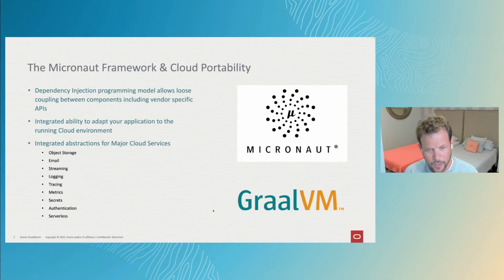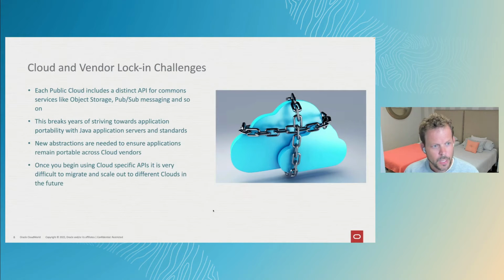For example, if you want to trace your application or provide metrics or read secrets or authenticate via OpenID Connect, all of these are provided by your cloud platform, and you really don't want to couple your application directly to these cloud services of a particular vendor if your ultimate goal is for your application to be portable across clouds.